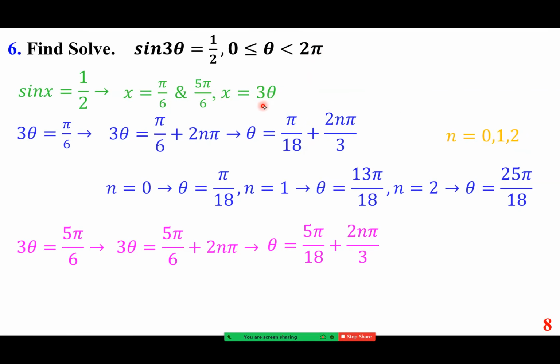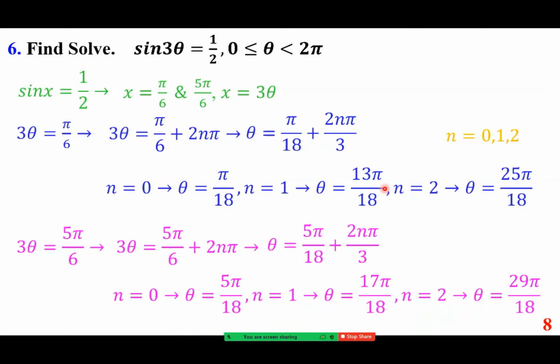We do the same thing here. If I plug in n equals 0, the answer is 5 pi over 18. If I replace the n with 1, remember, this is 18, this is 3, so I'm going to multiply this one by 6, and I'm going to multiply this one by 6. 12 pi and 5 pi is 17 pi over 18, and you can find the last one on your own.